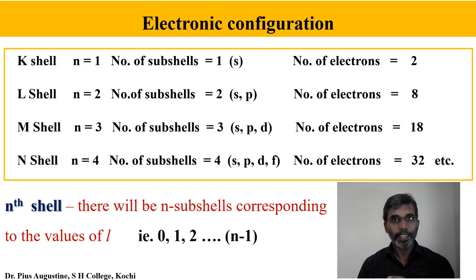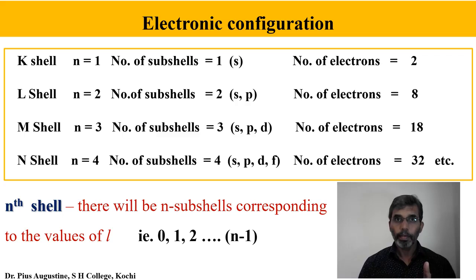If you generalize, you can see that in the nth shell there are n subshells corresponding to the values of l, that is 0, 1, 2, etc. up to n minus 1. So the number of subshells in a shell is nothing but the number of values of orbital quantum number l.